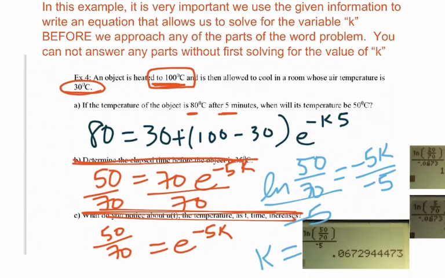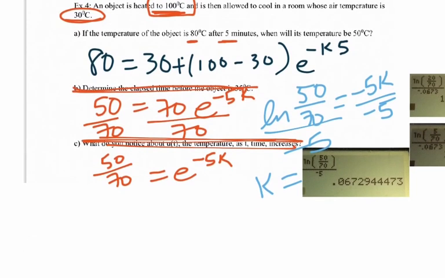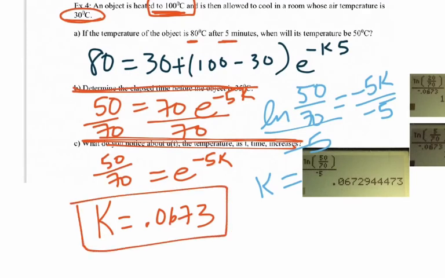So my k value, when rounded to the nearest 4 decimal places, is going to be 0.0673 in this case. Now, I still technically haven't answered part A. I just did all that work just to get the k value. So I'm still in part A.